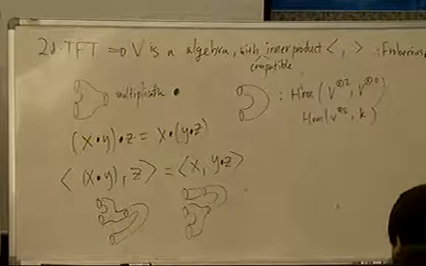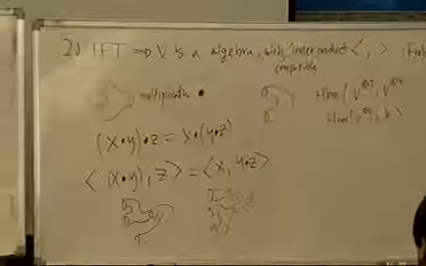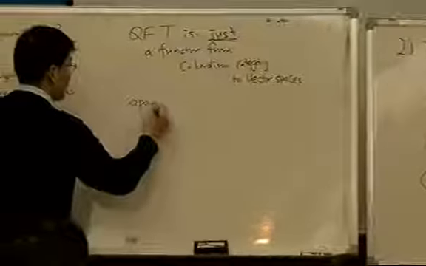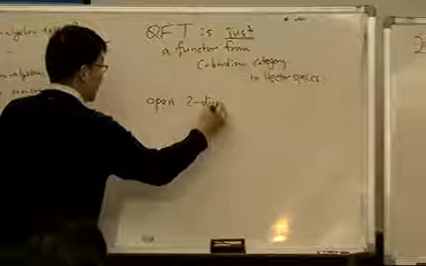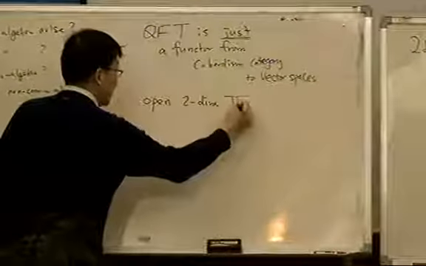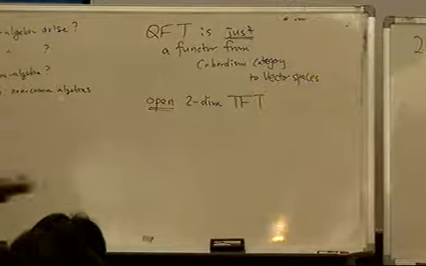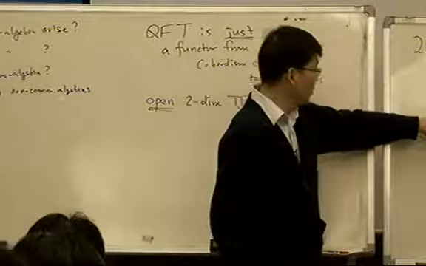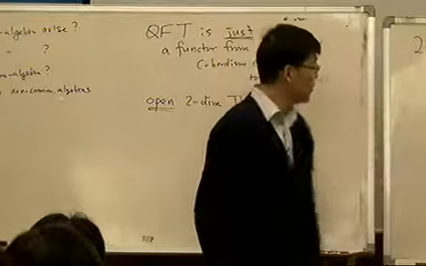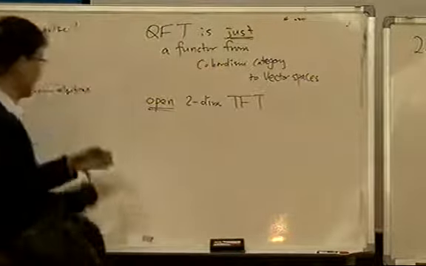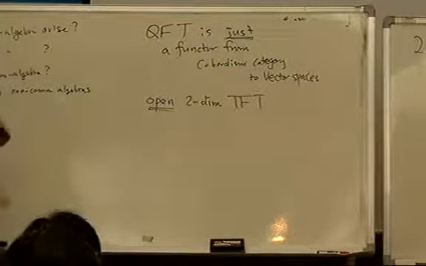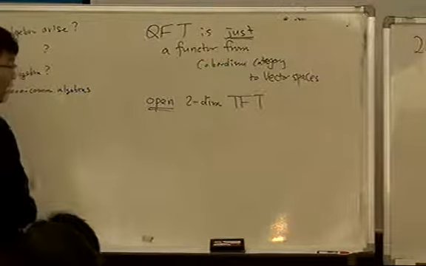So now you can try what's called open two-dimensional TFT. So what does open mean? Open means now not only surfaces with boundary circles, we will consider surfaces with boundaries and intervals.